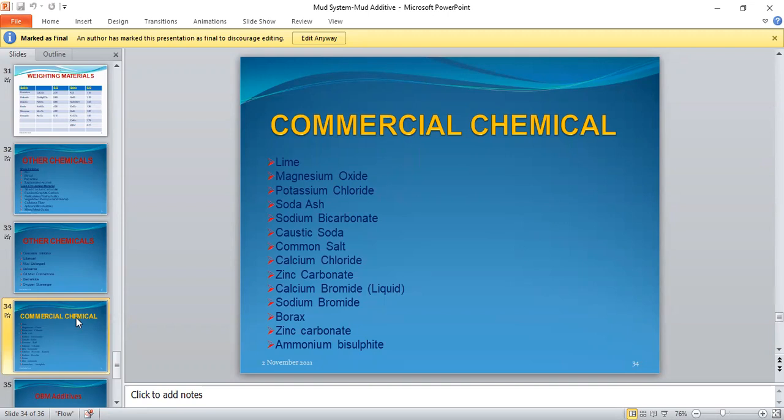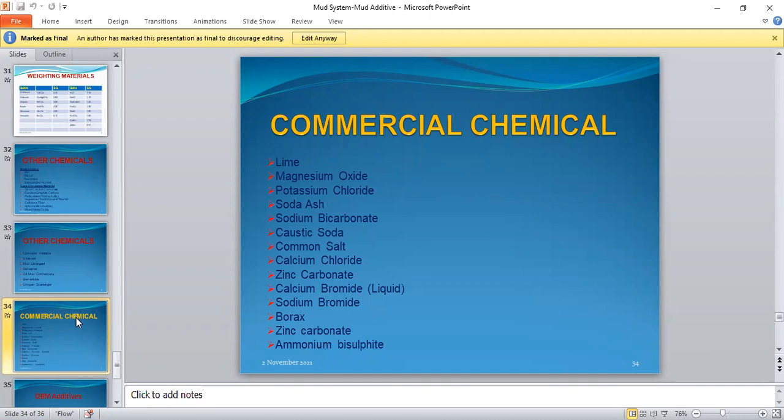KCl will do ionic exchange, but calcium chloride will go by osmosis. Water will move from a less dense place to a higher density place. It will move into the mud. Water will move from the formation. When we talk about water moving from formation, it's not the whole water in the whole earth, just that part that is being drilled.